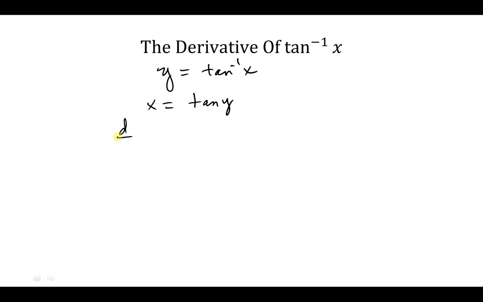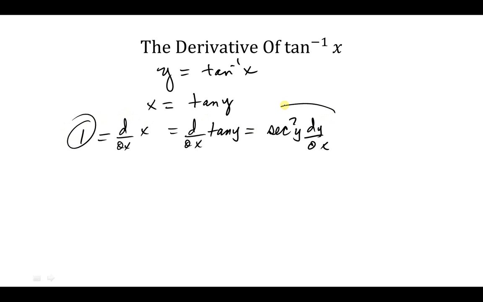Now taking d/dx of both sides, d/dx of tangent of y is going to be secant squared of y dy/dx, and then d/dx over here on the left hand side of x is just 1, and so you can see solving for dy/dx, we get dy/dx is 1 over secant squared of y.